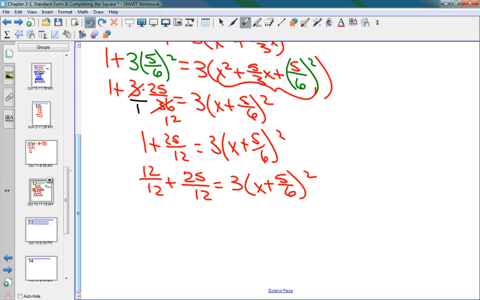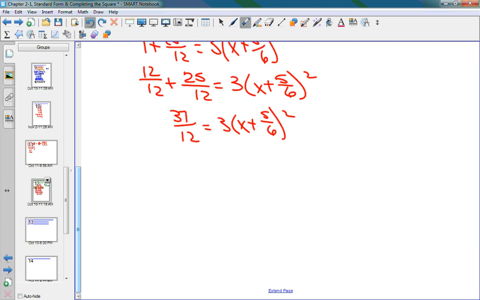So now what's 12 plus 25? 37. Right? Which now it's going to be what? 0 is equal to 3 times x plus 5/6 squared minus 37/12.